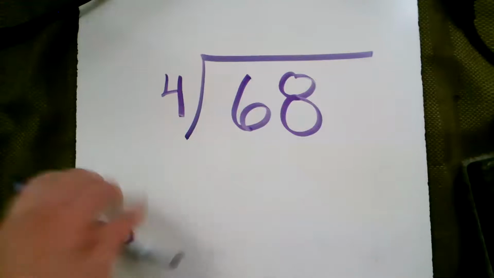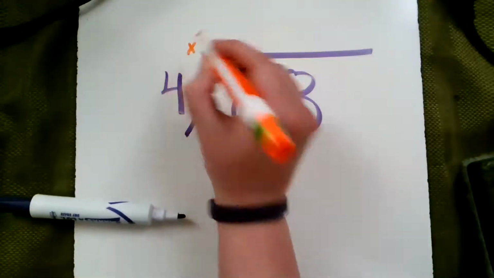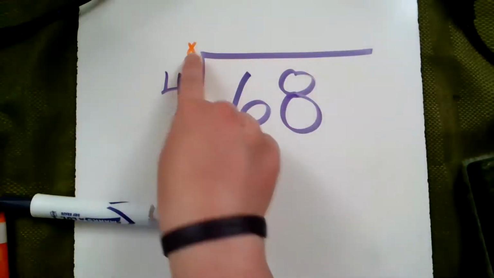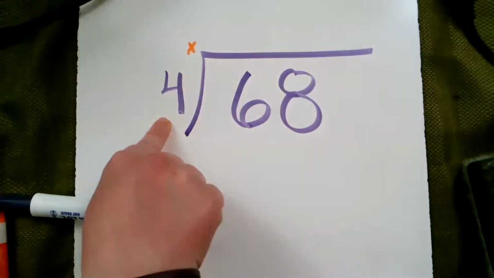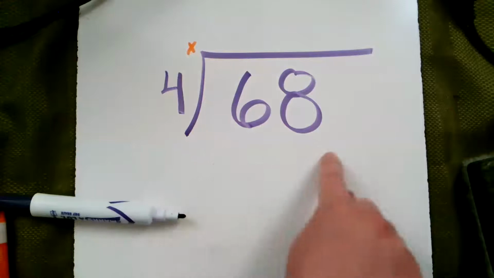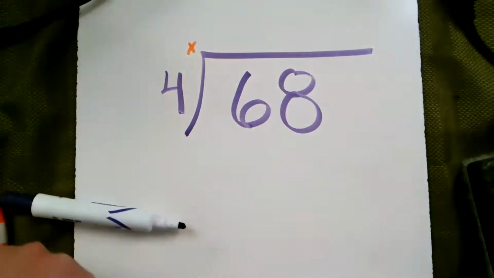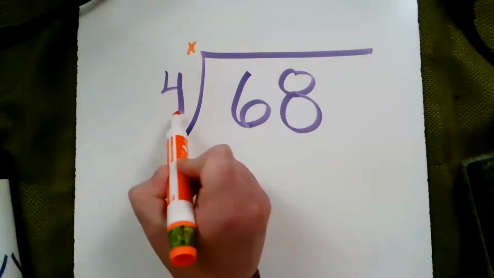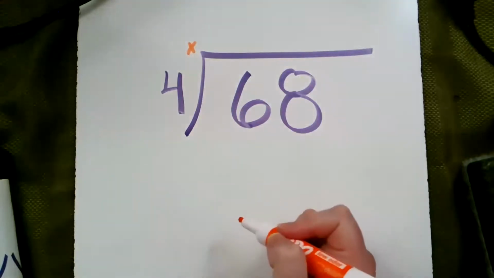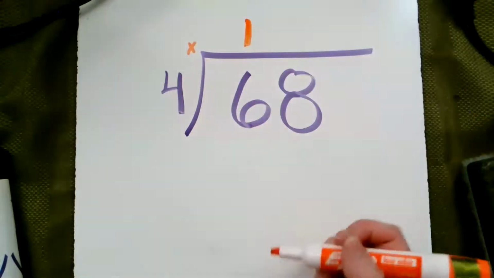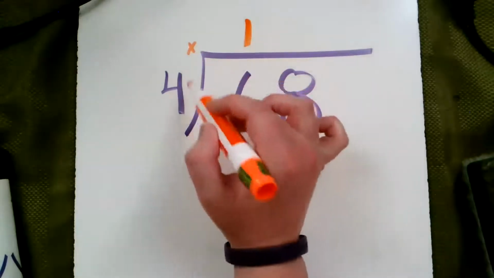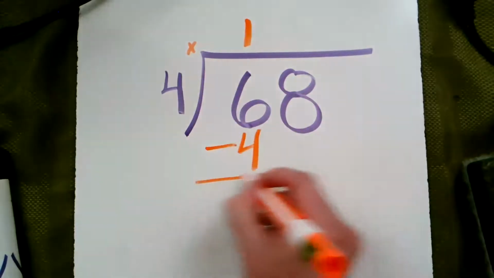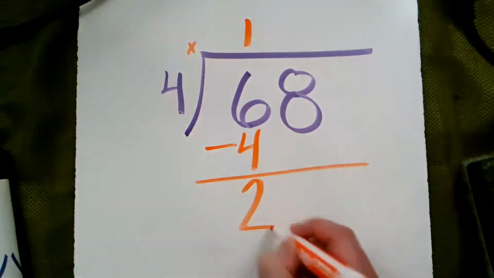Sometimes you need that reminder: this number times that will give you what you're going to subtract. So 4 times what will get you close to 6? Well, 1 time, because 2 times would be 8, and that's too much. So 1 times 4, we subtract 4, and I get 2.